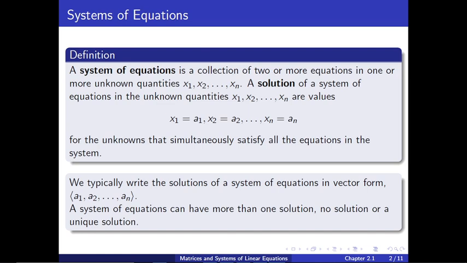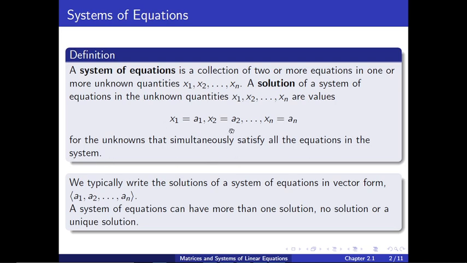A system of equations is a collection of two or more equations in one or more unknown quantities, x1, x2 up to xn. And a solution of a system of equations in the unknown quantities x1, x2 up to xn are values x1 equals a1, x2 equals a2, up to xn equals an, for the unknowns that simultaneously satisfy all the equations in the system.